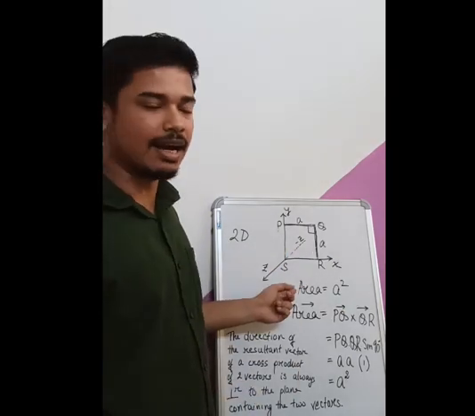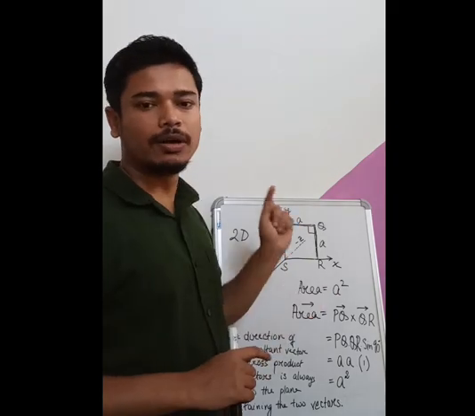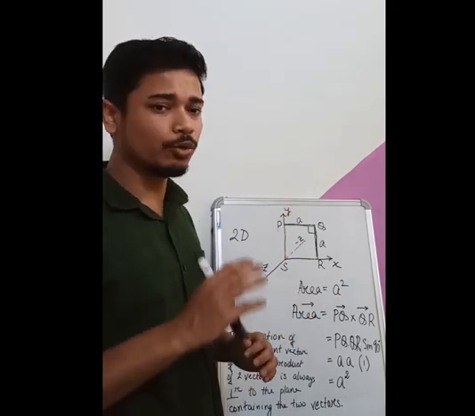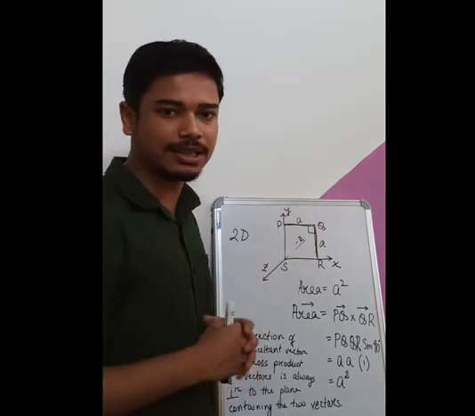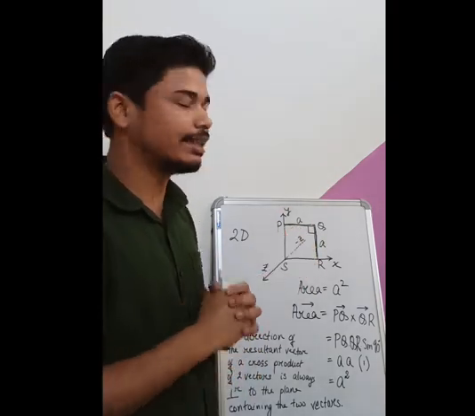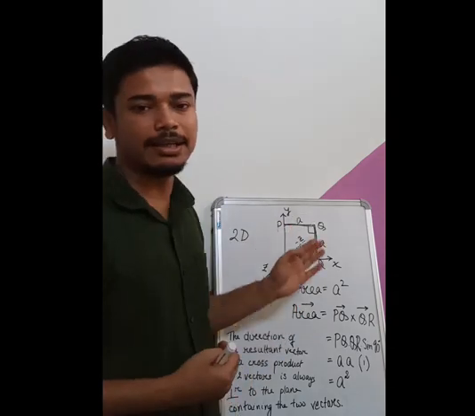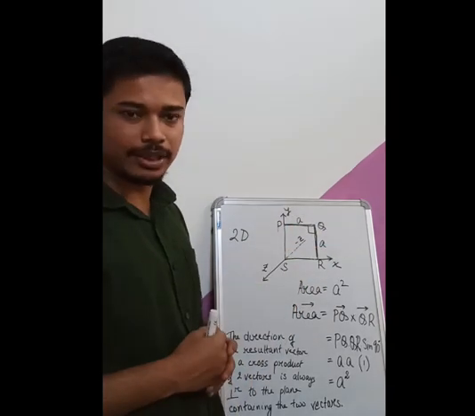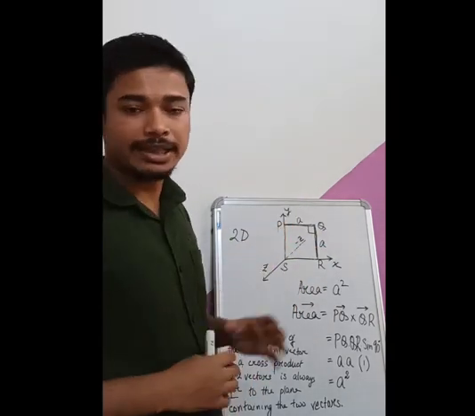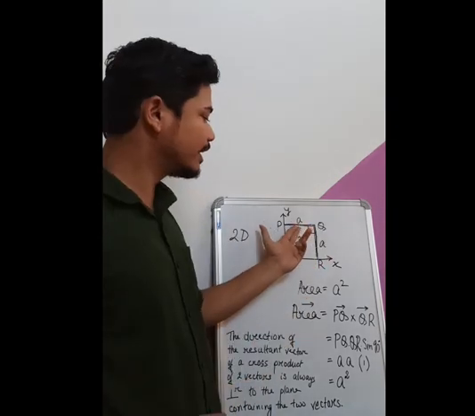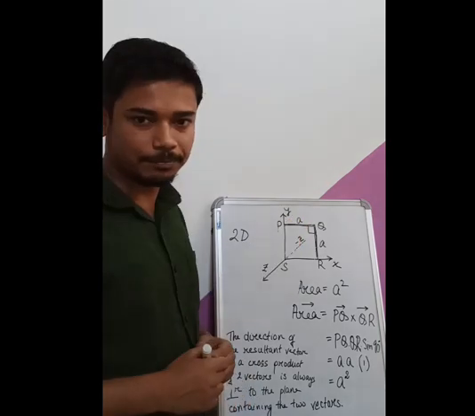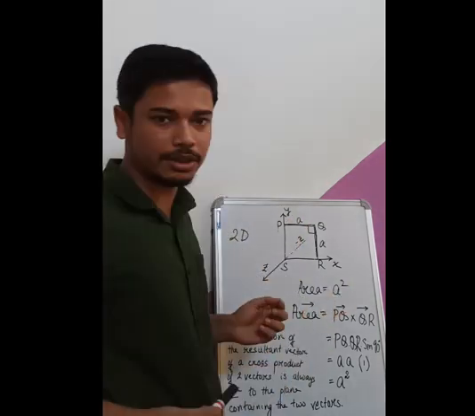Now is this area a scalar quantity or a vector quantity? You would all be thinking that this is a scalar quantity since we just multiply the sides. But see, I have represented this square in the xy plane, in the rectangular coordinate system. So this length, the PQ length, can be taken to be a vector along the x direction.